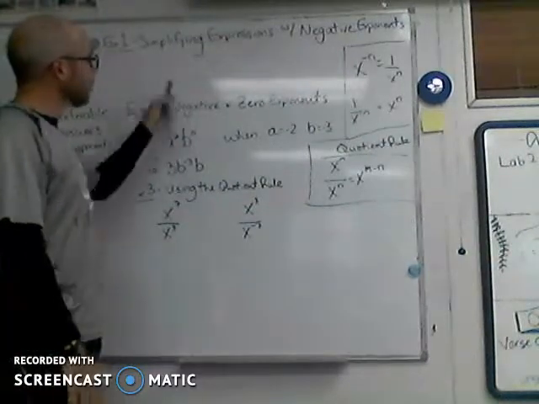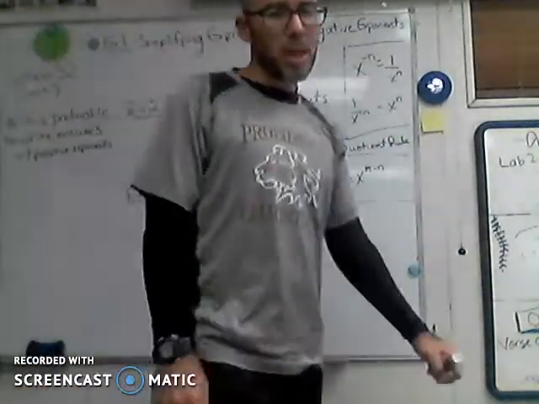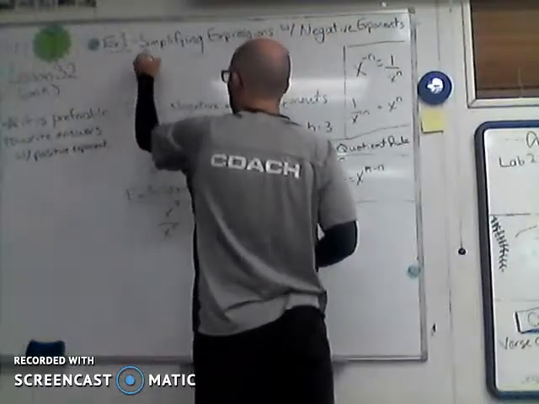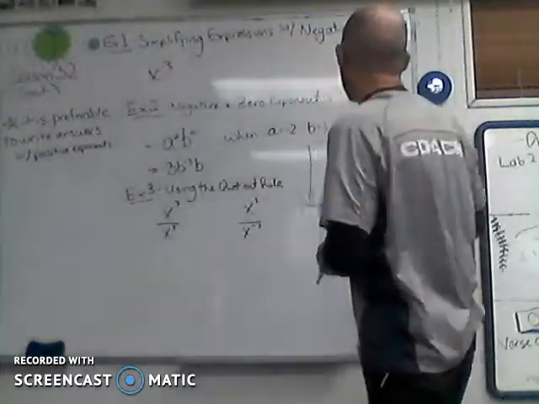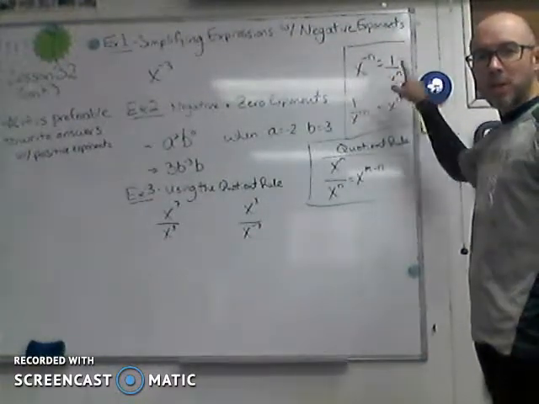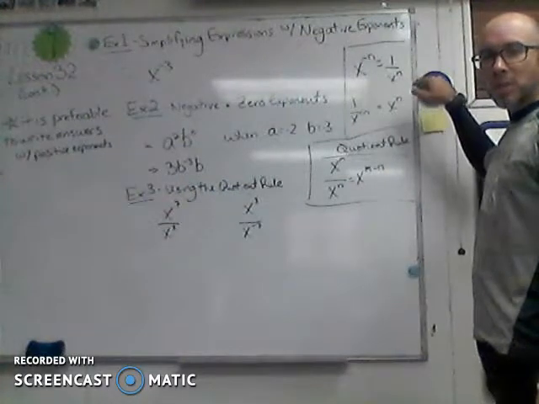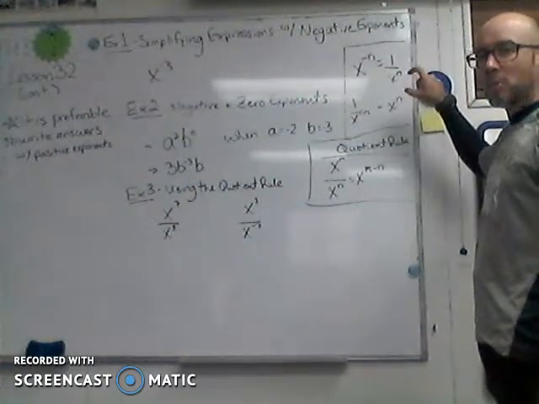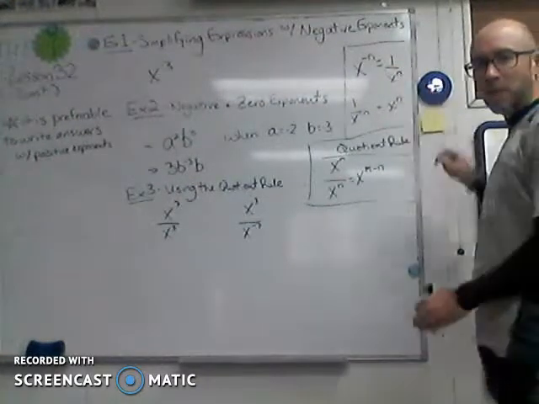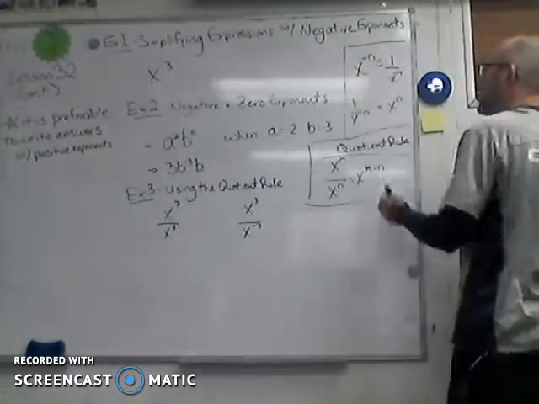Alrighty. Simplifying expressions with negative exponents. I gave you the rule that we follow. I rewrote it over here that if ever you get a negative exponent, that just means it's a reciprocal. You can drop it down to the denominator and change the sign on that power, so maybe I can put a plus in.